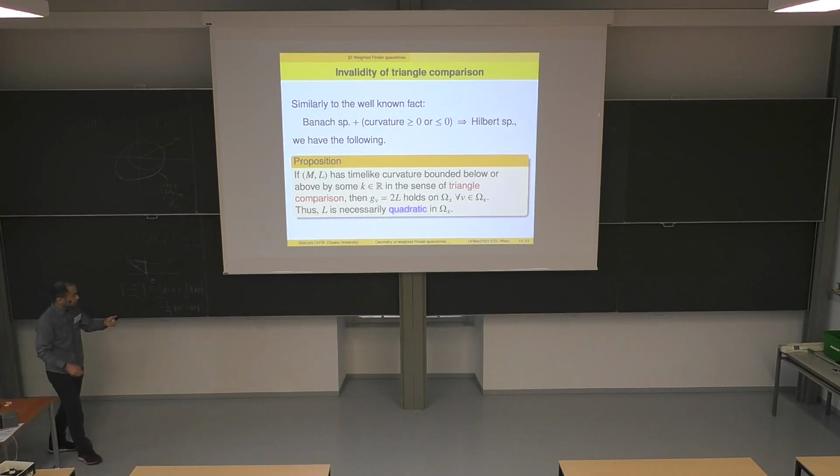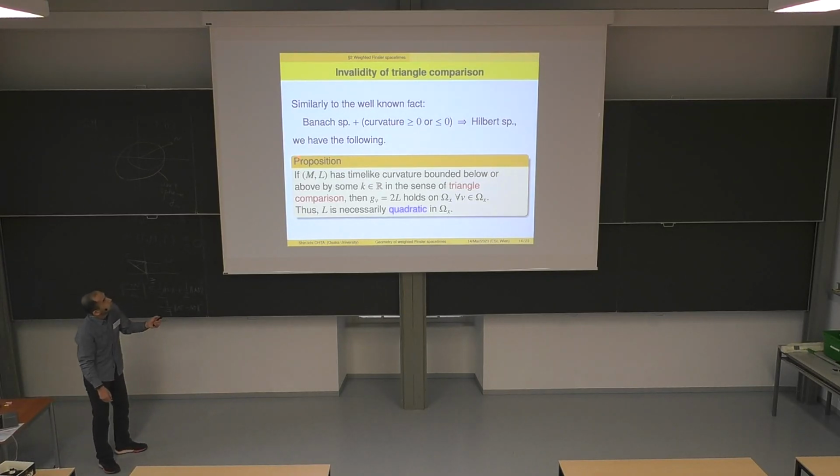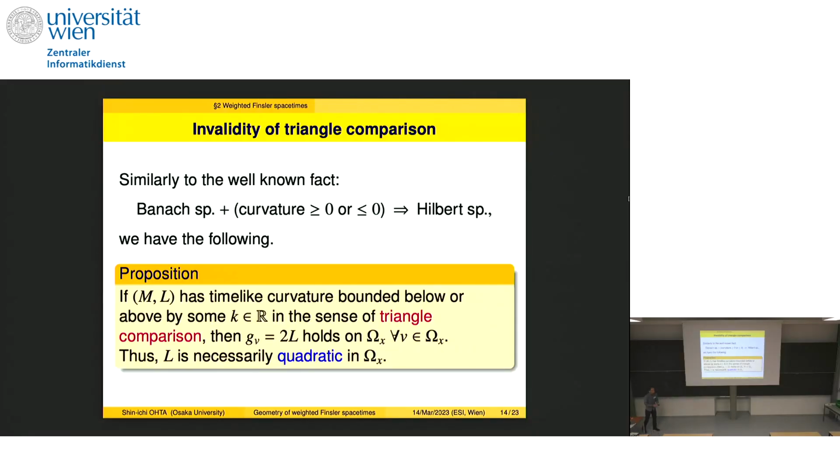This is a very well-known argument in the positive definite case. And we can mimic this discussion in the Lorentz-Finsler case, and you can easily see that if a Lorentz-Finsler manifold, a Finsler spacetime, has timelike curvature bounded below or above by some constant in the sense of triangle comparison, then it necessarily satisfies this.